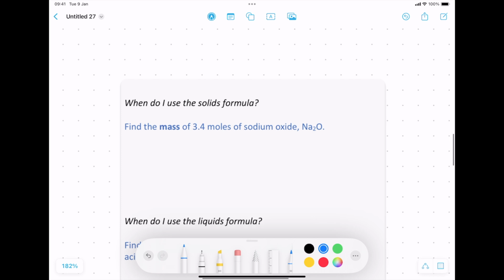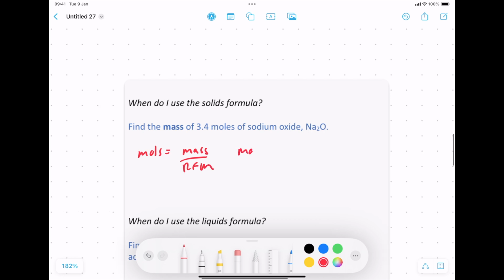So moles equals mass over RFM. Then rearrange, we get mass equals moles times RFM. The moles we're told is 3.4. And the RFM, well, we have to work that out. Sodium has an atomic mass of 23, so it's 23 plus another 23, and then oxygen is 16.